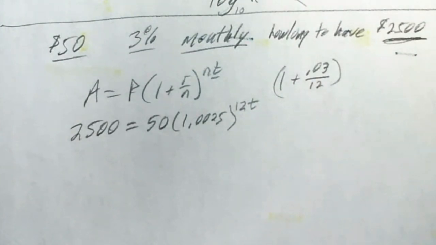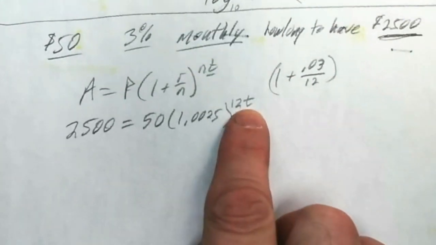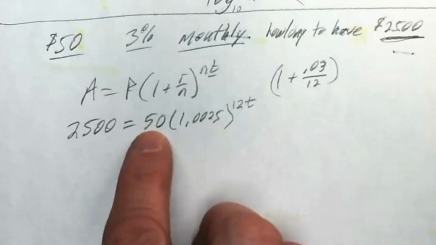Can we solve that? That looks pretty complicated, Mr. Brock, because we've got the variable up here in the exponent. I can do some of this.